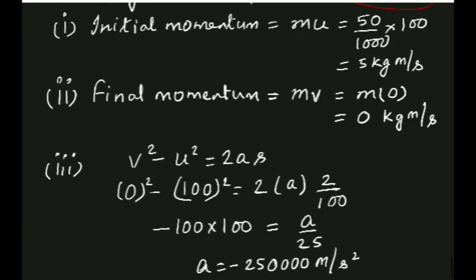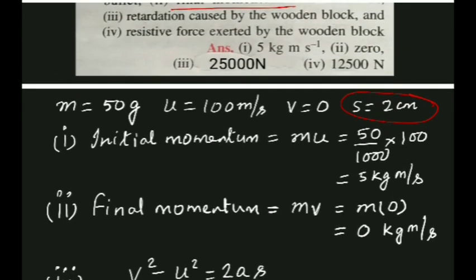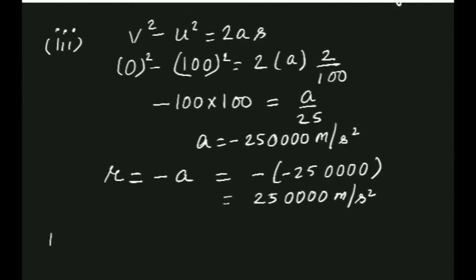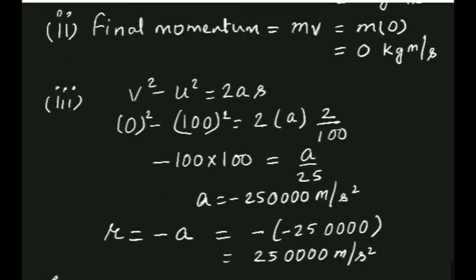Now what they are asking in the fourth part, resistive force exerted by a wooden block. Resistive force means retarding force. The same formula we will apply, Newton's second law of motion, F equals to ma. So what is m here? M is, what is the value of m?